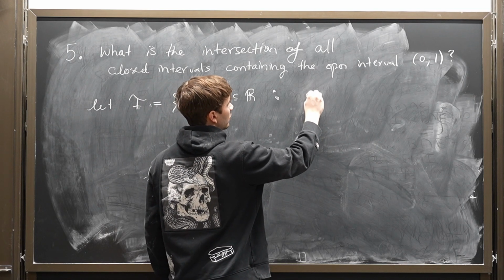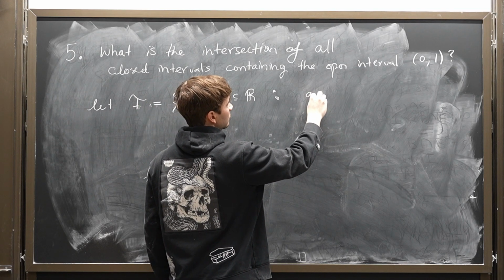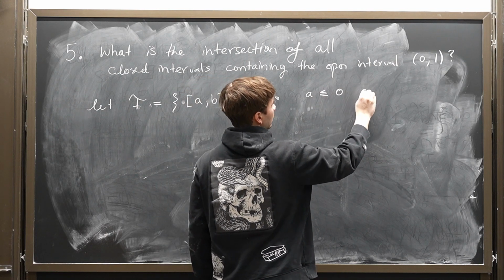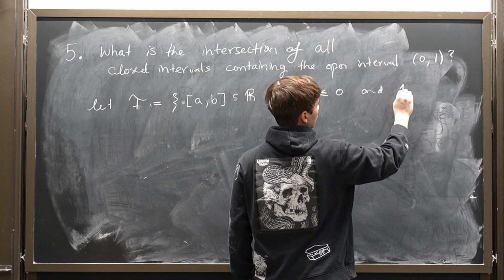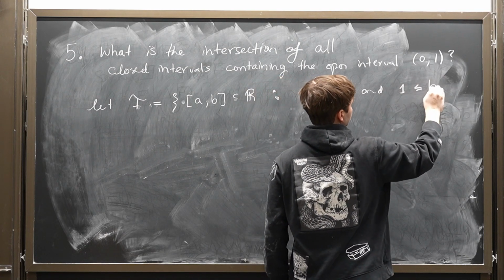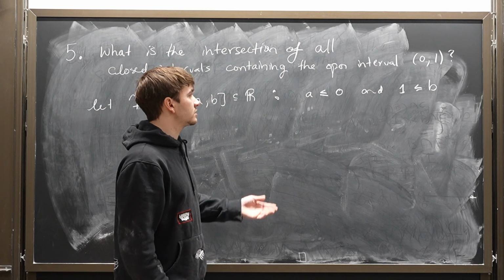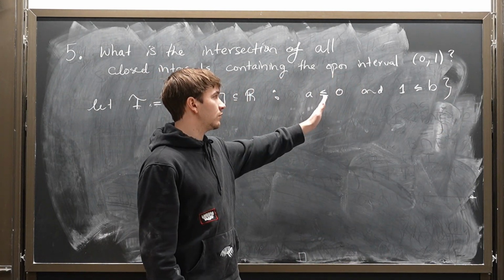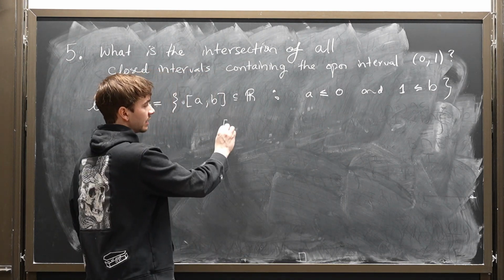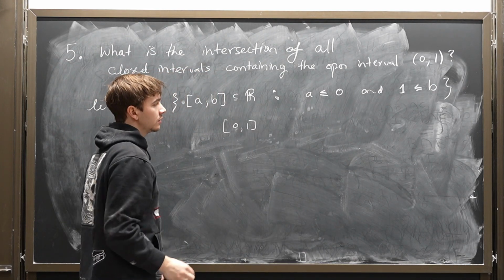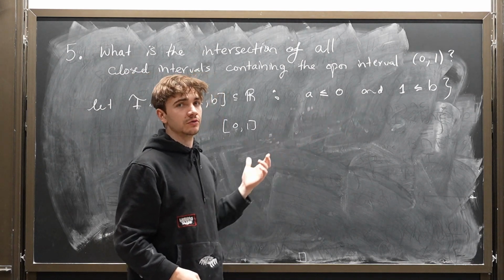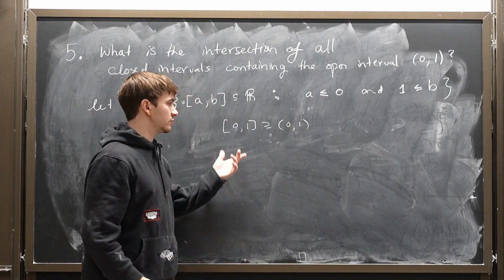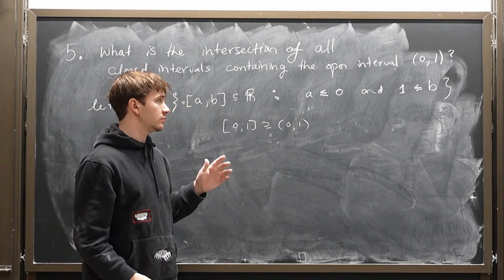Namely, I want that A needs to be less than or equal to 0 and 1 should be less than or equal to B. Notice that this is the best I can do, because clearly if these inequalities are saturated, I'm going to get the closed interval [0, 1], which is going to contain the open interval (0, 1). Okay? So remember that closed intervals contain their endpoints, open intervals don't.